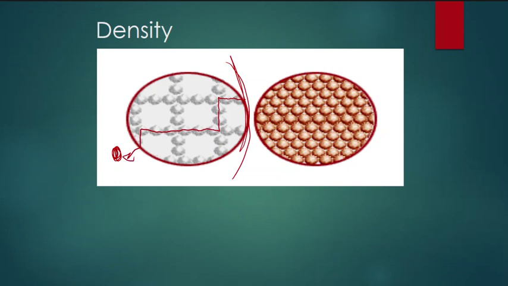It has to go a roundabout way. What about the brick? Much more direct path. So what you're going to find is because we have a lot of empty space between the styrofoam molecules, heat has to move more. It has to move faster. You know your sandwich eventually is going to warm up, right?